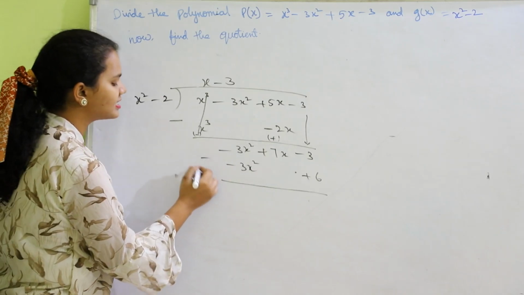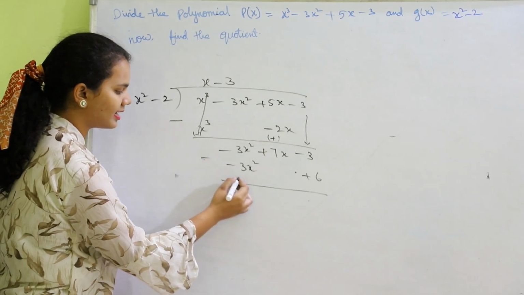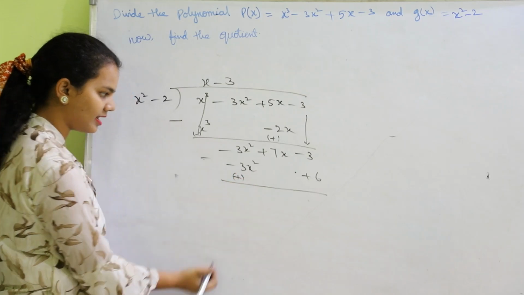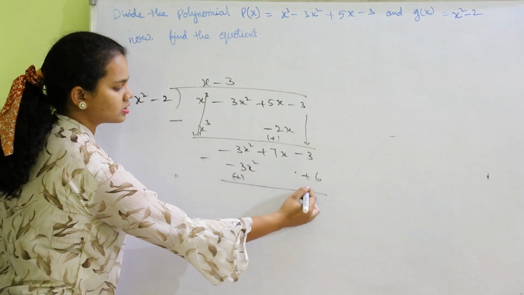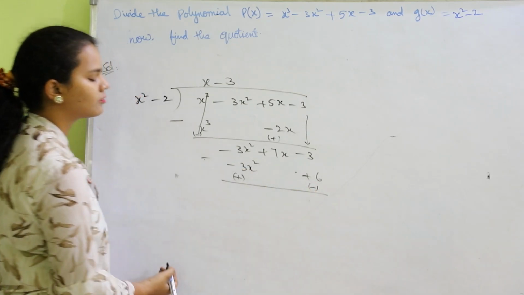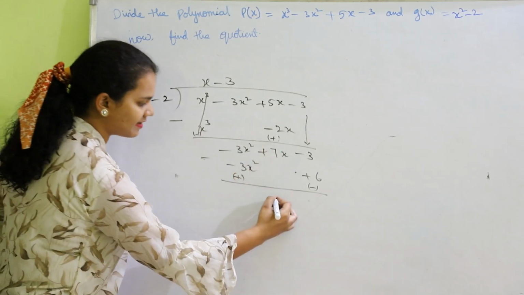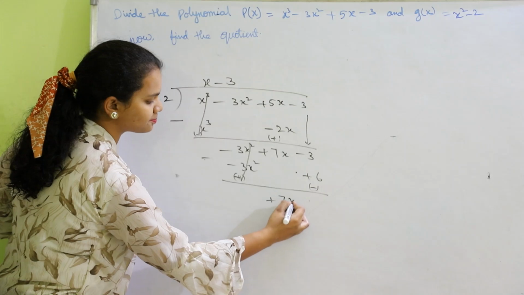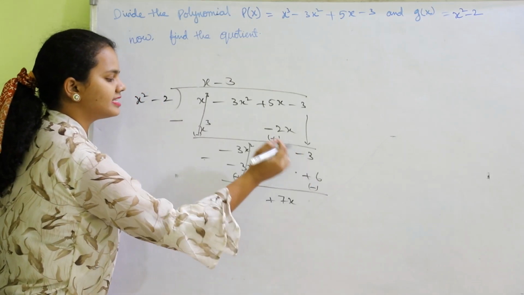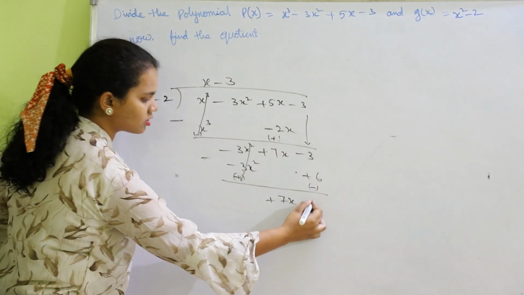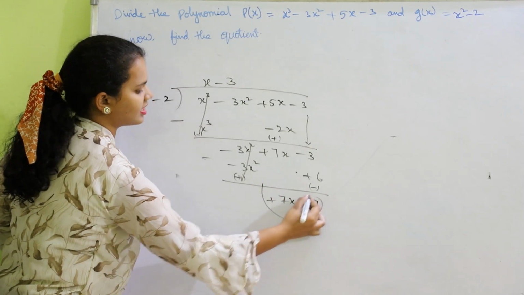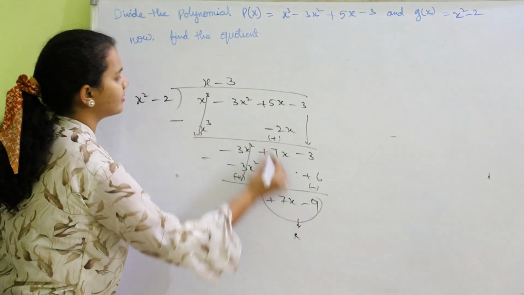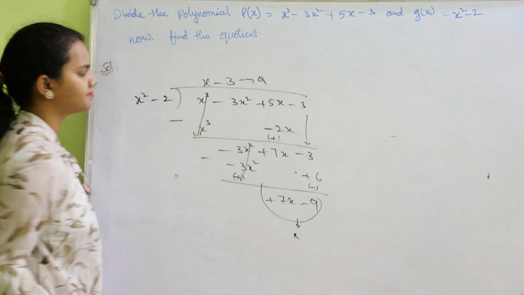Minus into minus gives plus, and minus into plus gives minus. So as it is plus 7x, this gets cancelled. You have plus 7x, and minus 3 minus 6, 6 plus 3 is 9, so minus 9 over here. This will be the remainder and this will be the quotient.